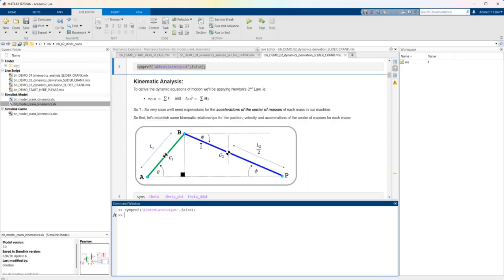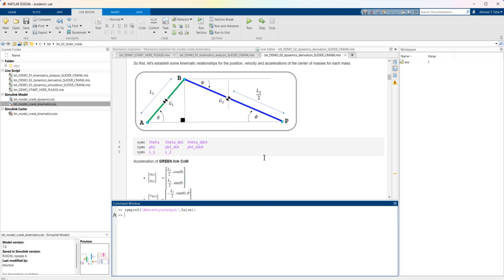Now, for the kinetic analysis, these are the equations we have. The kinetic diagram forces are equal to the free-body diagram forces, and Ig multiplied by alpha gives the sum of the moments around the axis Z. The variables are theta, theta dot, and theta dot dot, and phi dot and phi dot dot.